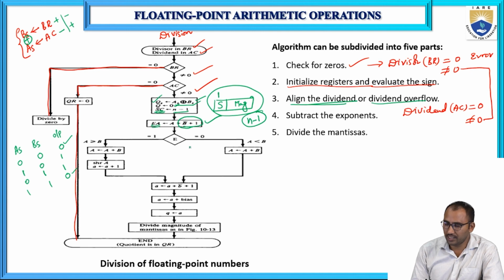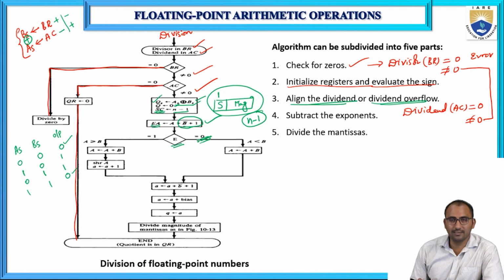After that we are checking, is there any dividend overflow? E is the overflow. Overflow will occur if A is greater than or equal to B. If A is less than B, there is no overflow, so overflow is equal to 0.